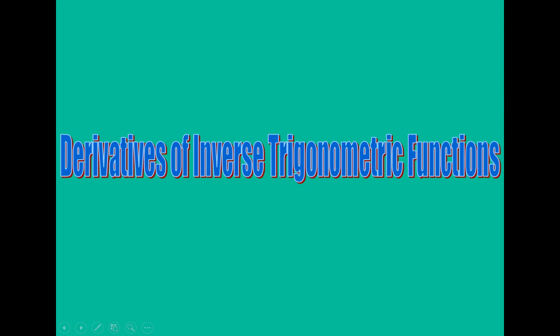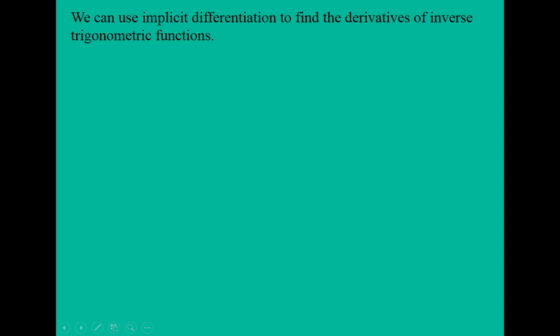Moving to derivatives of inverse trigonometric functions. We can use implicit differentiation to find the derivatives of inverse trig functions. Now, let's just do a little bit of review from trigonometry.